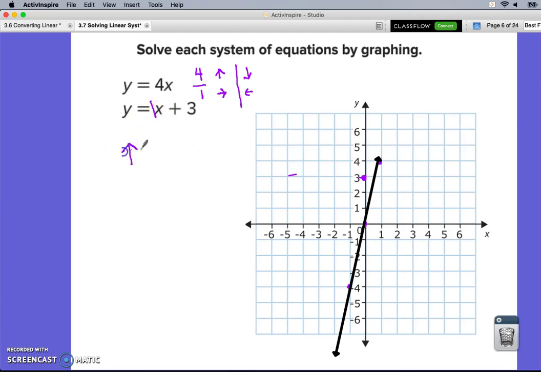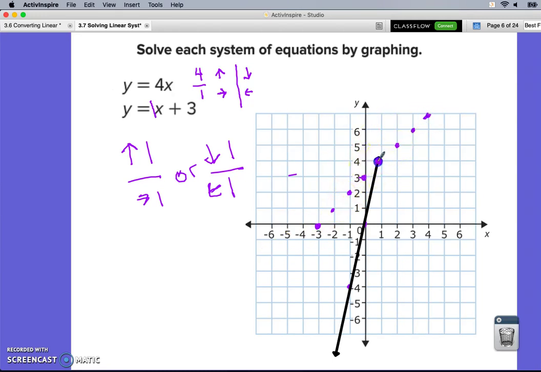So if it's a positive 1, I go up 1 and to the right 1. Or I could go down 1 to the left 1. So up 1, over 1, up 1, over 1, and down 1 to the left 1, down 1 to the left 1. Okay, those are all points on that line.